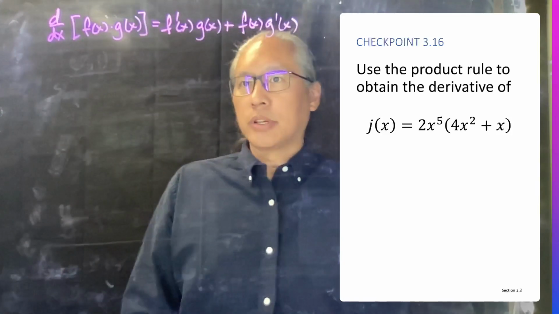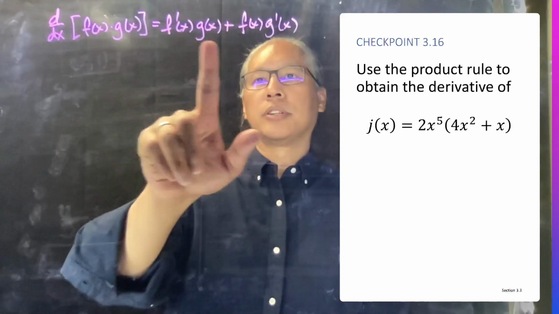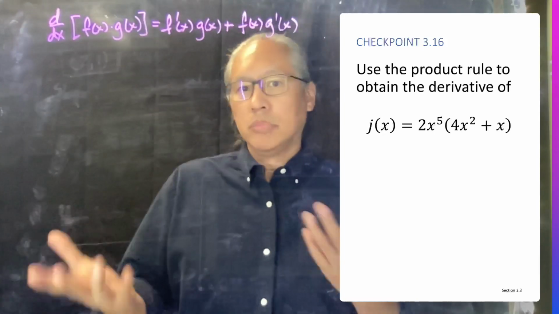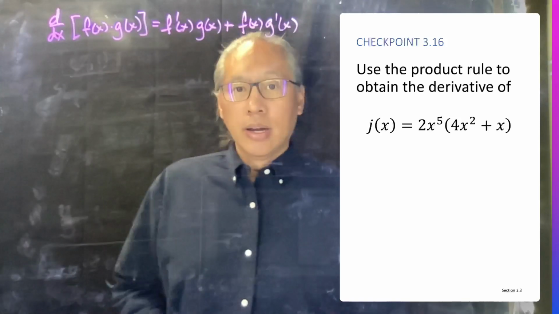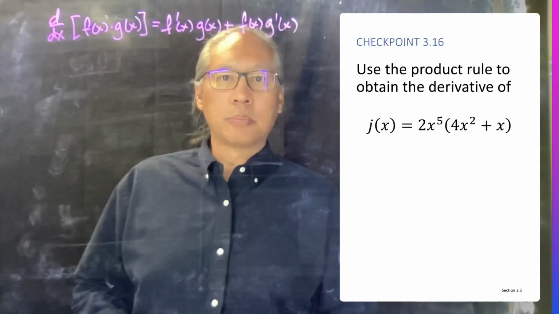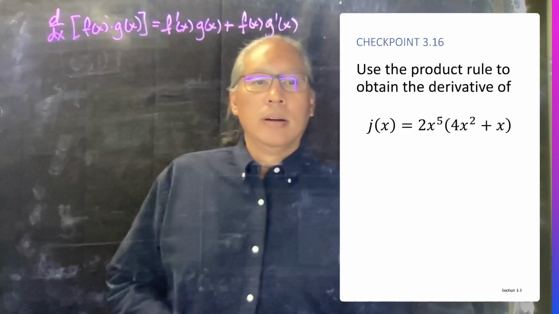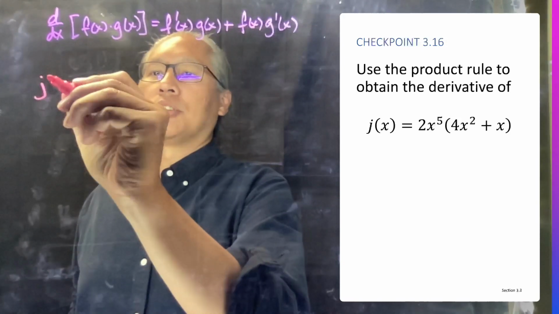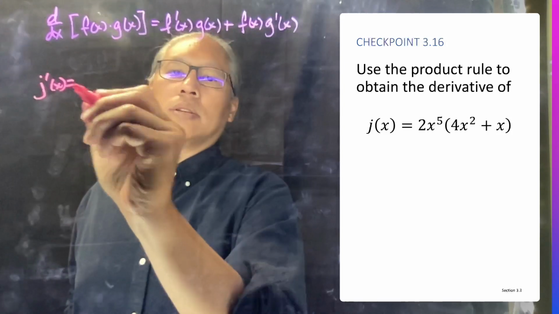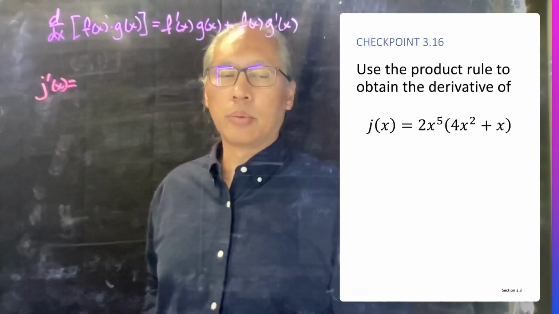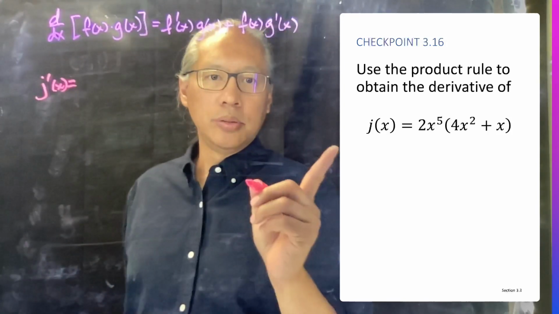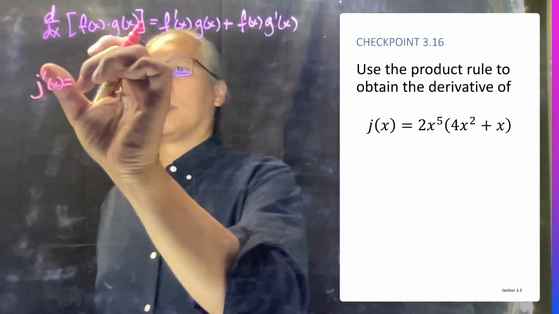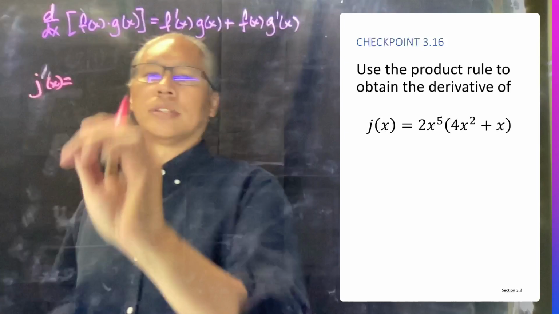So the product rule is given by this: derivative of the first times the second plus the first times the derivative of the second, or in whatever way you have memorized it or plan to memorize it. Okay, so j prime, j is the name of our function, is going to be... Actually, it might be worth it to write down the function first.